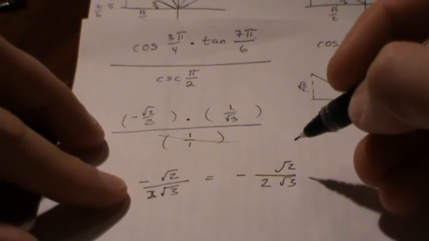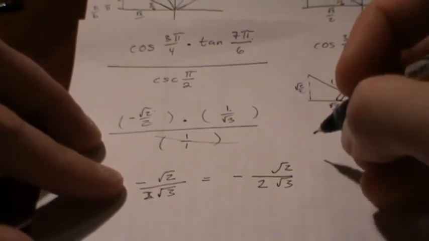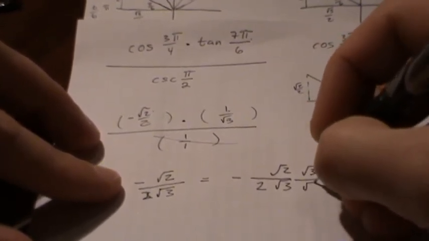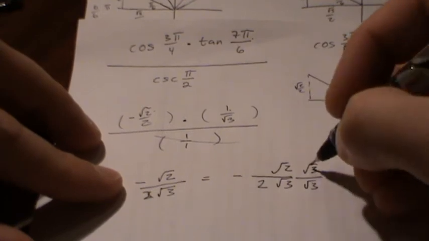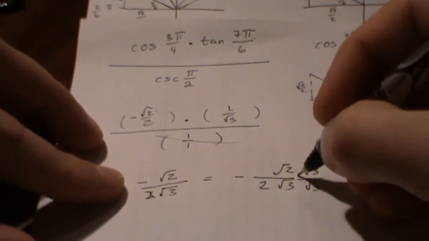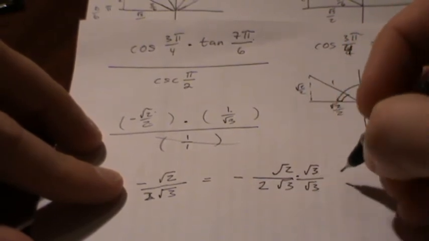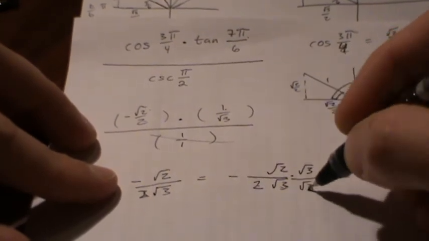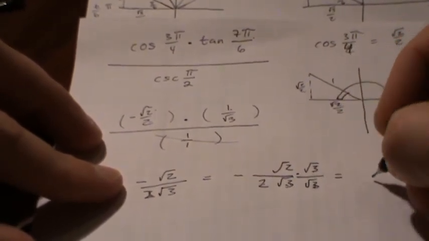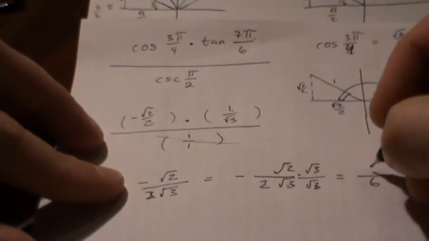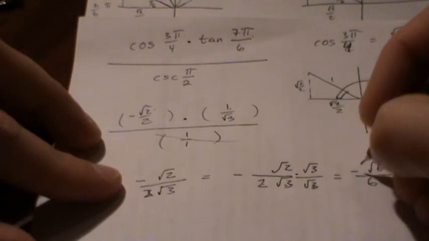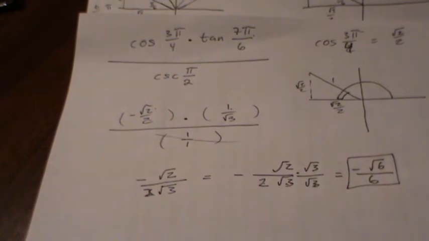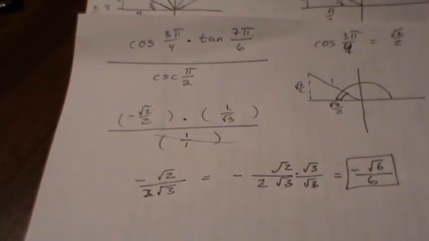So what I can do is multiply this by the square root of 3 over square root of 3, and what it does is it rationalizes the denominator. That's what it's called, and this becomes 2 times square root of 3 times square root of 3, which is just 3, so this actually becomes 6 over the square root of 6 with a negative. So it's negative square root of 6 over 6.